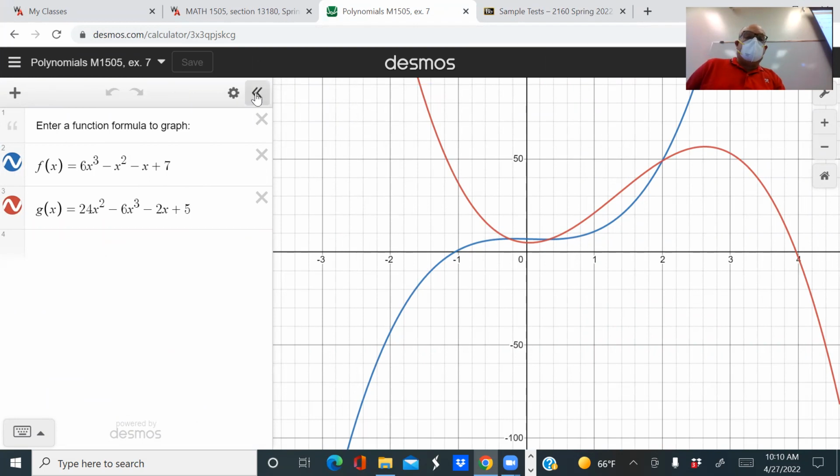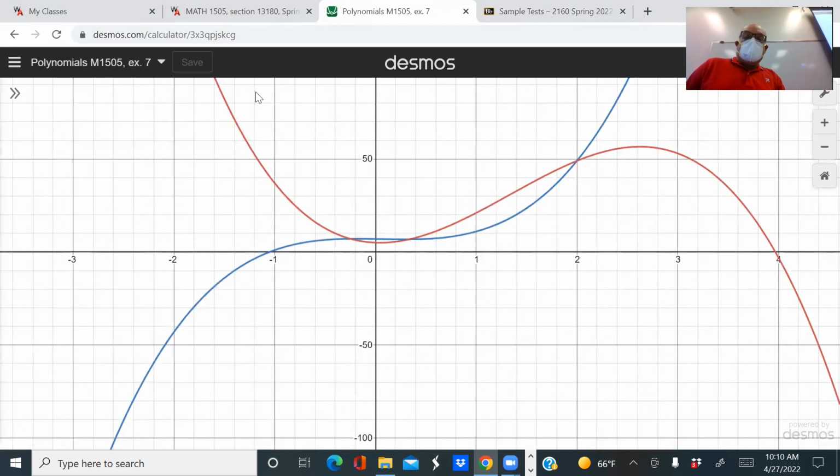And there's the graph of both of them, graphed simultaneously on the same set of axes. You can see they do cross each other a few times, so that problem does have answers. Maybe those answers aren't that easy to find, right? But the problem does have solutions.